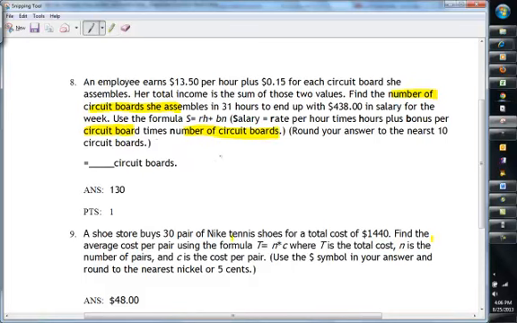Her salary is $438, her hours are 31, her rate is $13.50, and her bonus per circuit board is 0.15.